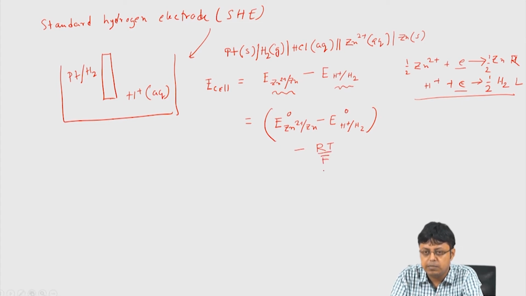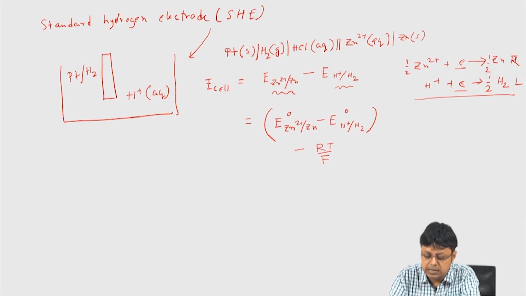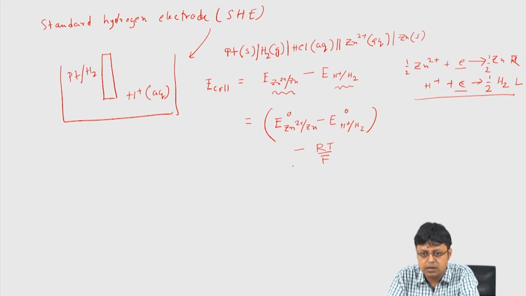So, we will write R T by F. Now, if you remember what this was, if we write it in terms of say delta G 0, delta G was delta G 0 plus R T ln Q, and since we converted into E, E and delta G have a negative sign in the relationship.